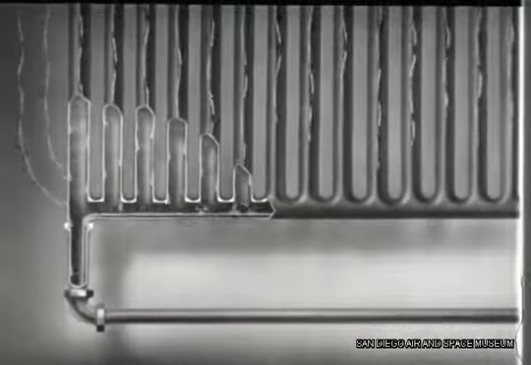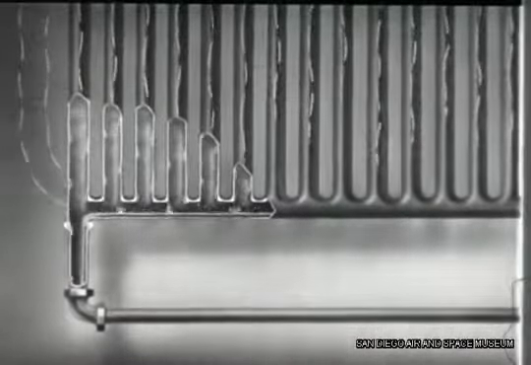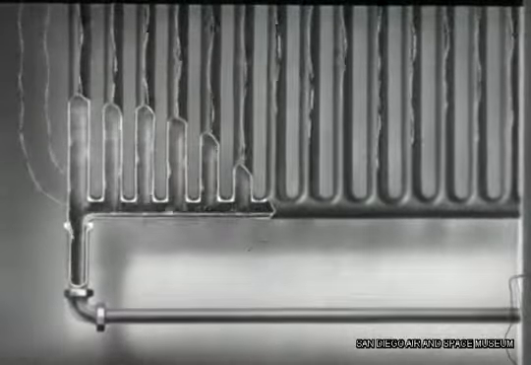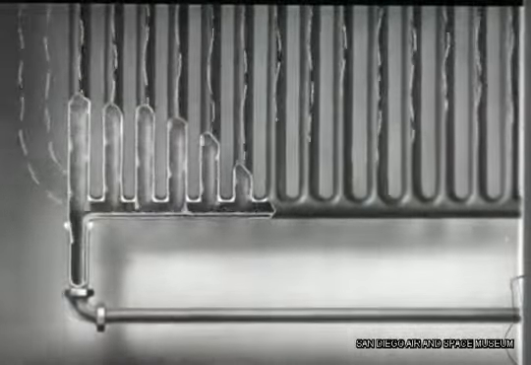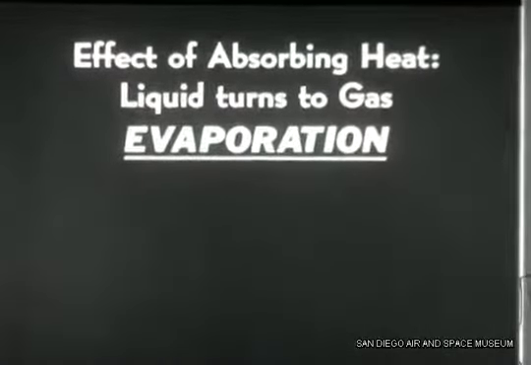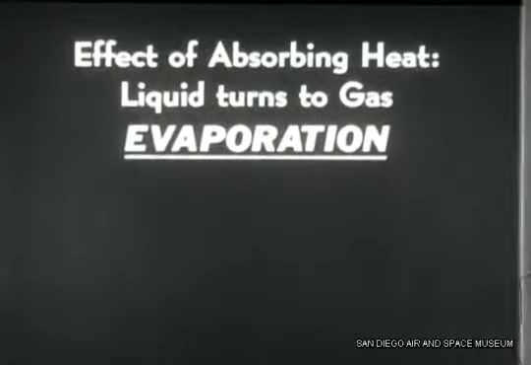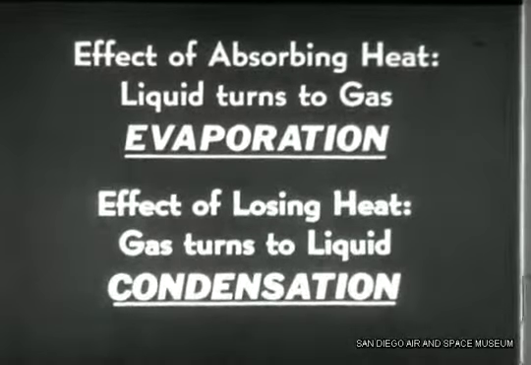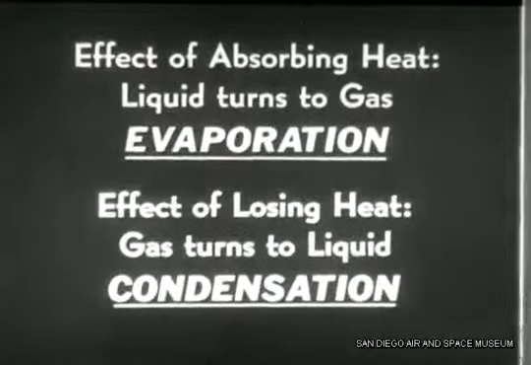Then, in the radiator, as the heat from the steam flows into the room, the steam cools until it finally changes back to water, a liquid. This is called condensation. From this, we see the effect of absorbing heat: a liquid turns to gas. We call this evaporation. And the effect of losing heat: a gas turns to liquid.